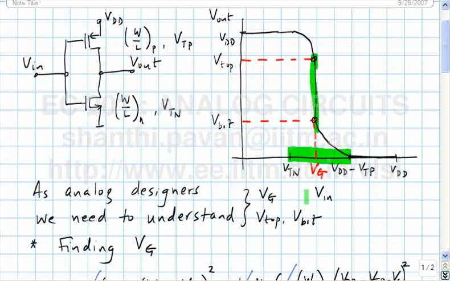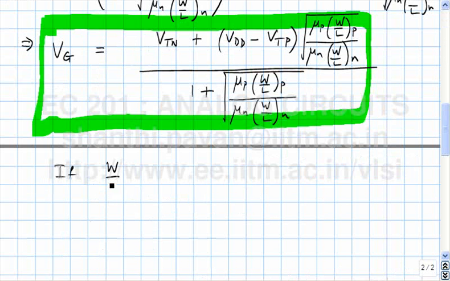By fooling around with the W by L, you will be able to change VG. If W by L of the NMOS transistor is much larger than the W by L of the PMOS device, what happens to VG, do you think?